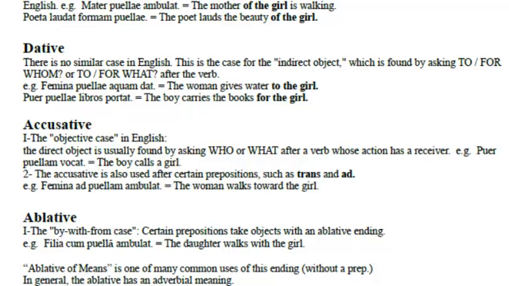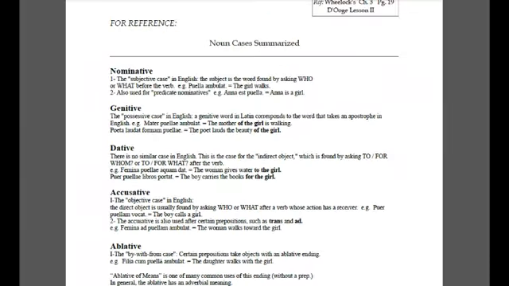Prepositions like trans, which means across, and ad, which means to or toward. Then the last one in our box of endings will be the ablative case. Now this one is an interesting one. It's sort of got an adverbial use, and it's often found on the object of very common little prepositions like with or in or from. So we'll be developing our understanding of the use of the ablative case gradually throughout the weeks. Now to the next page.